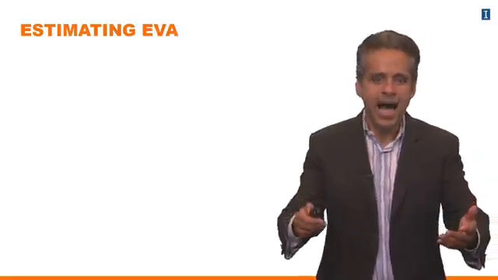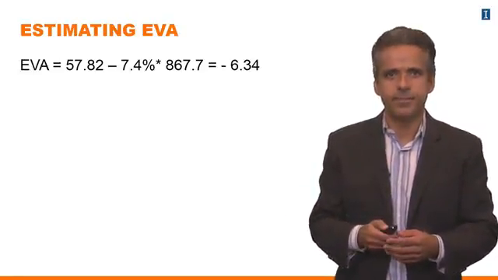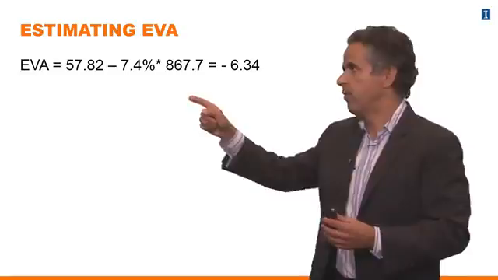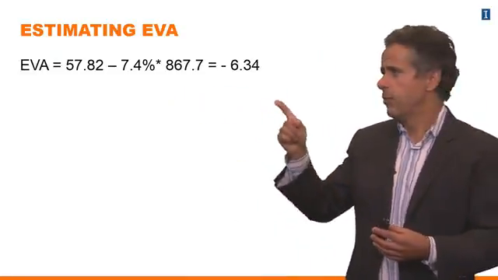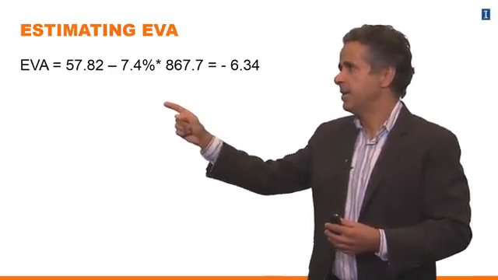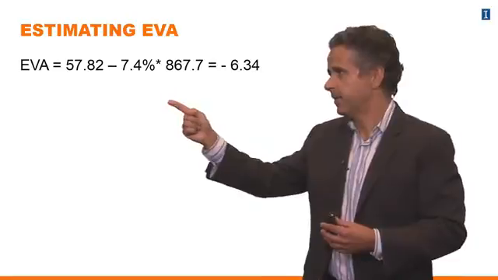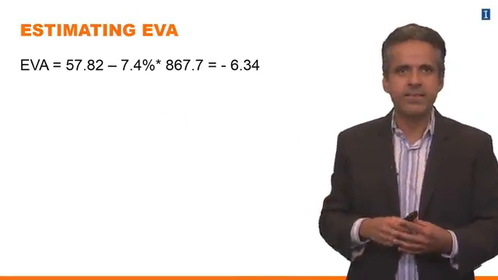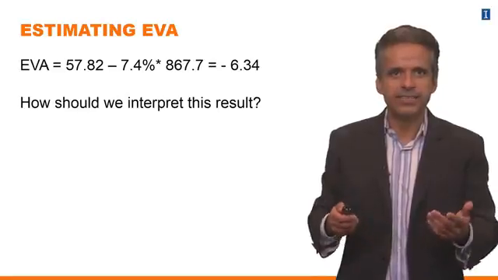Okay? And now we can go back and estimate EVA, right? Using, for example, 7.4, we have the OPAT, we have the operating assets. We deduct the WACC times operating assets from the OPAT. We get an EVA of minus 6.3 million. Okay? What does this mean, right?